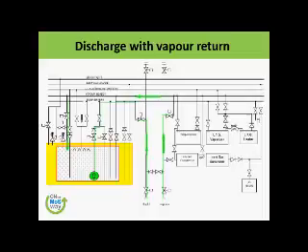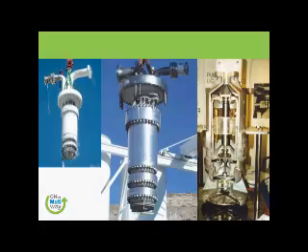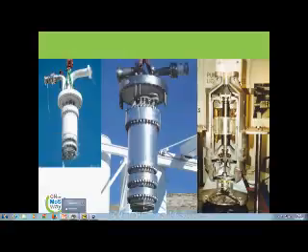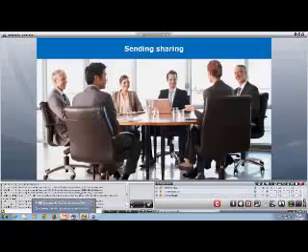This is our pump, at the bottom, and we are discharging it to the shore.